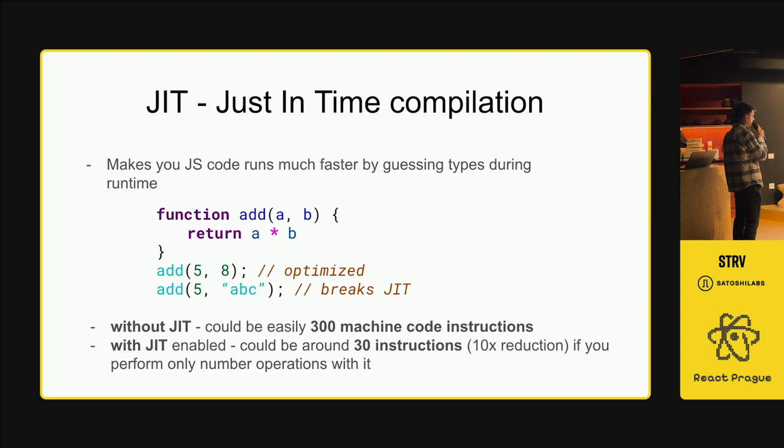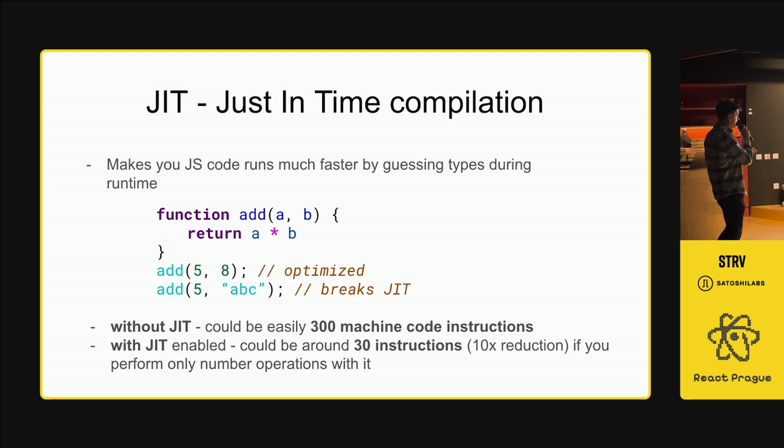It will generate machine code that is optimized for adding two numbers, and this machine code that is optimized for numbers could be much shorter and should contain much less instruction than the code used for the version without JIT.